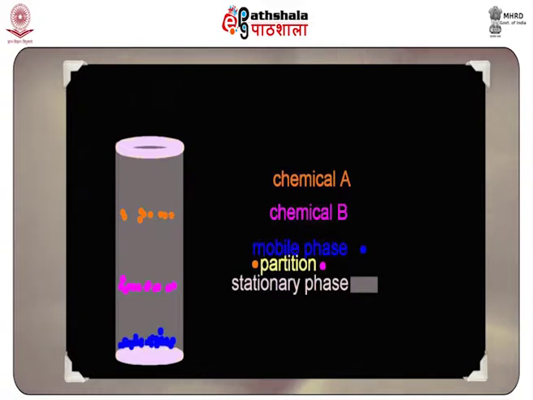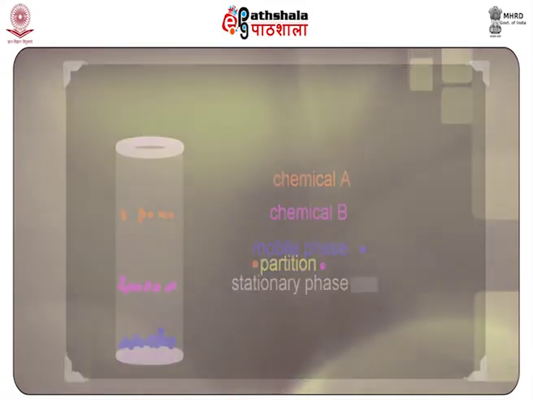In this technique, the separation of sample molecules takes place on the basis of relative differences in their partition and dissolution in different phases. The components having higher affinity towards the mobile phase are separated quickly in comparison to those having higher affinity towards a stationary phase.